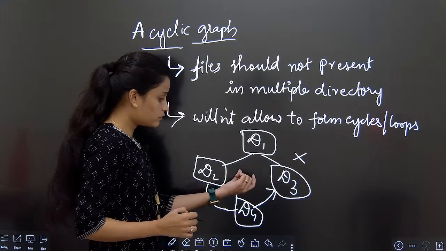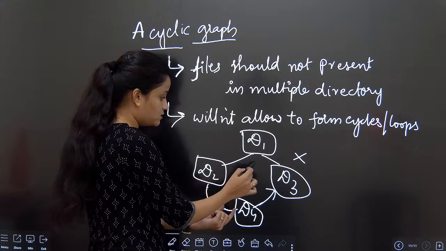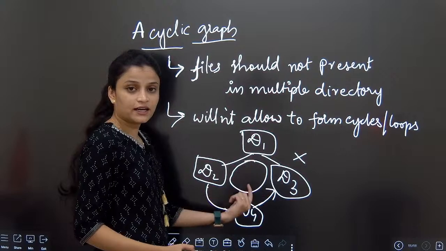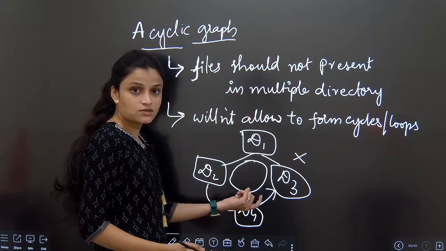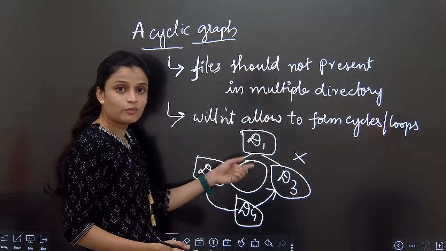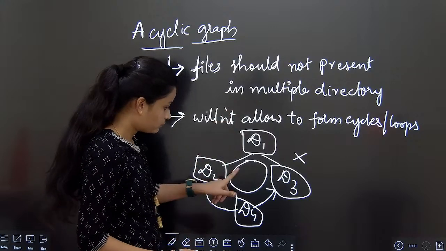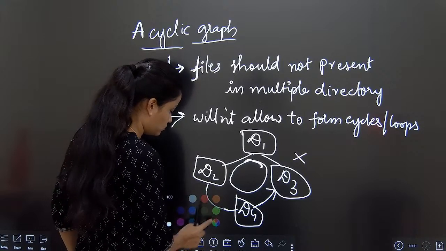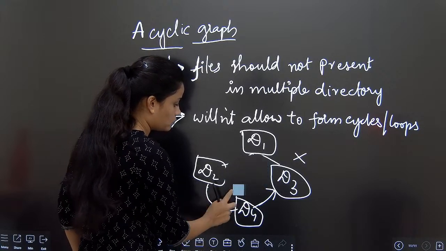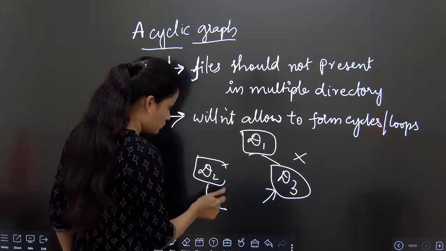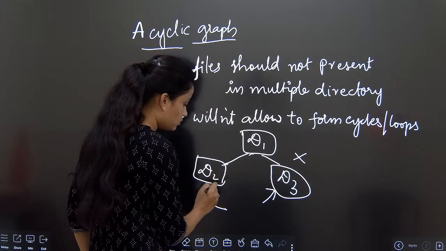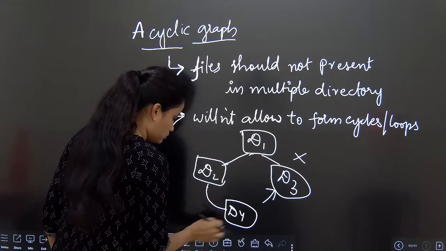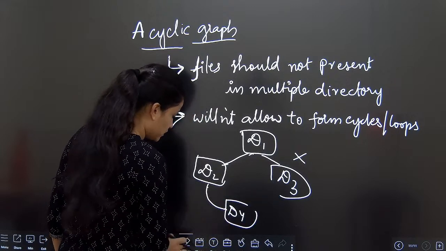As it is forming a cycle, say D1 to D2, D2 to D4, and again it is forming a cycle. A loop is formed here. So loops or cycles will not be allowed in the acyclic graph. Only trees will be available. D4 is not looped to D3 again.